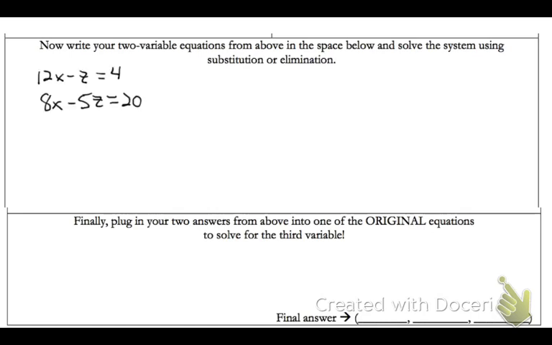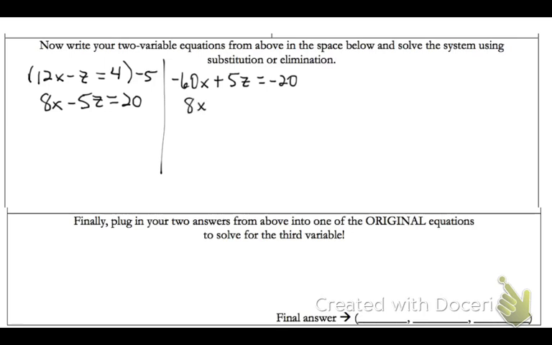So once we have our two equations written, we want to look and see how we could solve those. So I noticed that we could solve with elimination. If I multiply my top equation by -5, I'm going to end up getting a positive 5z, which will eliminate. So I need to make sure that I multiply everything by that -5. So I'll get a -60x plus 5z equaling -20.